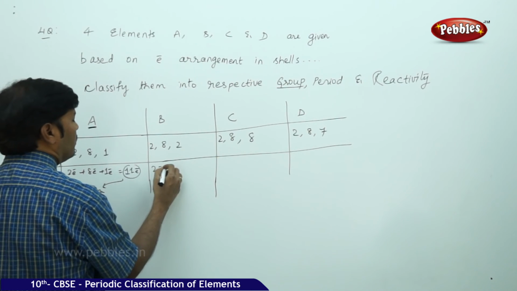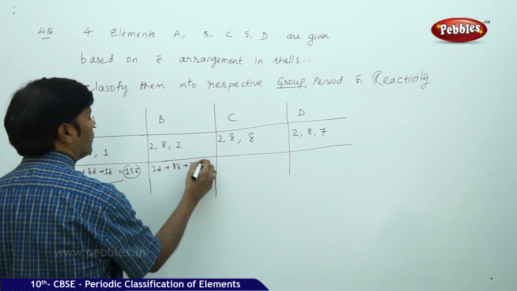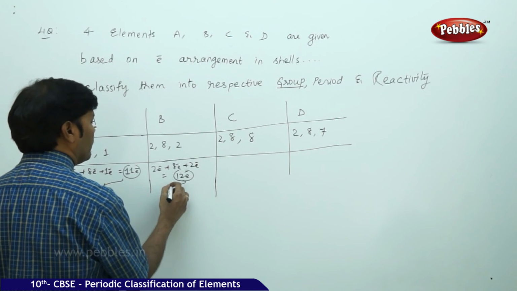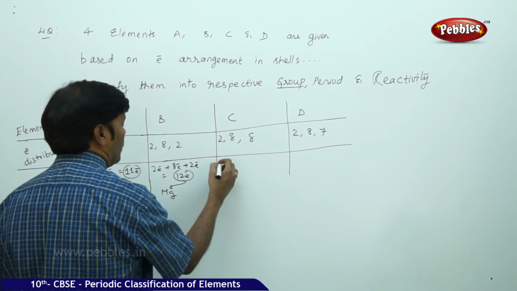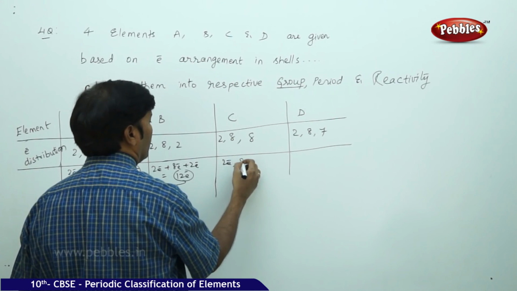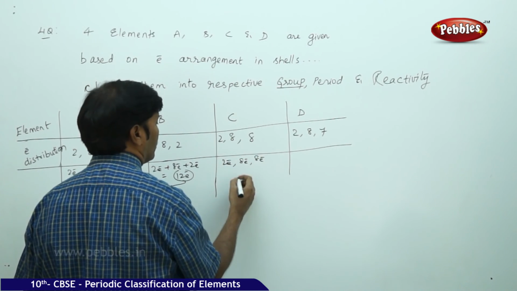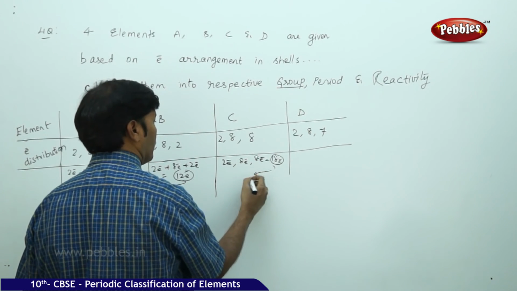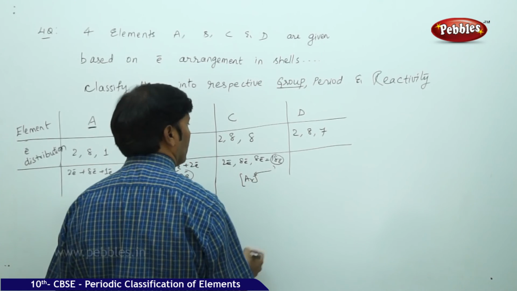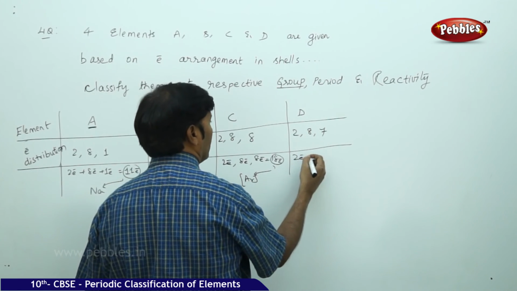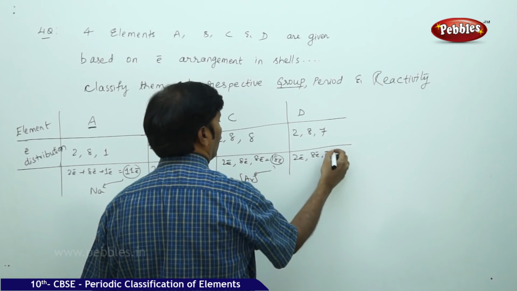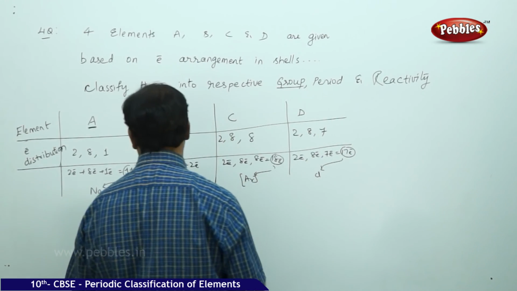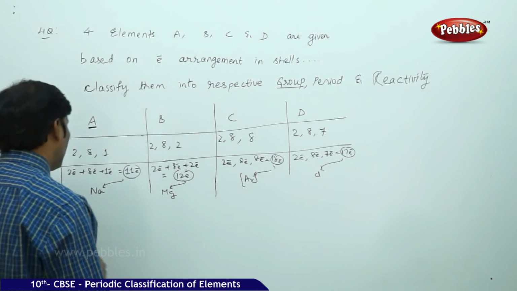Again 2 electrons plus 8 electrons plus 2 electrons, which is going to be 12 electrons. 12 means it is magnesium. Again 2 electrons, 8 electrons, 8 electrons, means total 18 electrons, means it is argon. Again 2 electrons, 8 electrons, 7 electrons, means total 17 electrons, means it is chlorine. So that means there are 4 different elements.